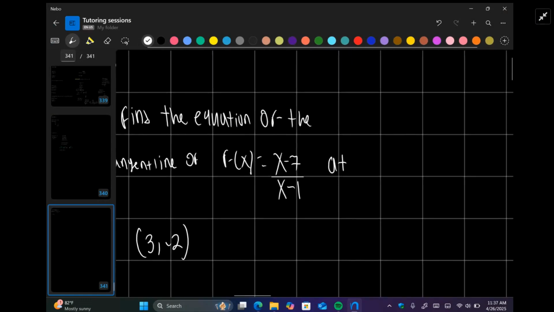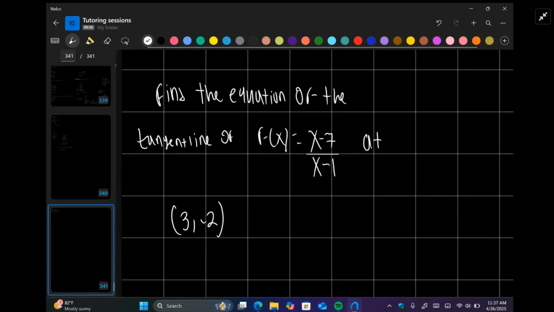So what we want to do here is find the equation of the tangent line of f of x equals (x minus 7) over (x minus 1) at 3, -2.